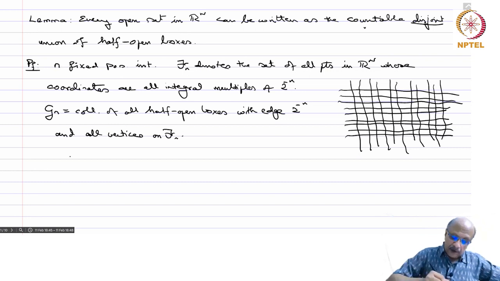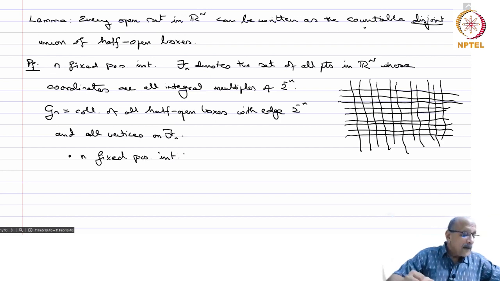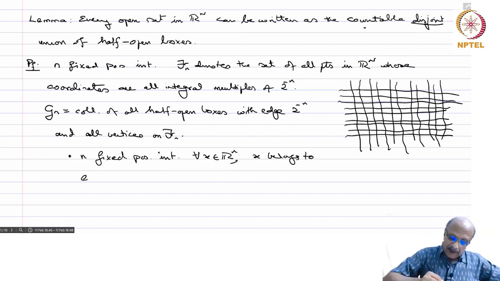So then the following two things are obvious. n is a fixed positive integer. For every x in R^n, x belongs to exactly one box in G_n.